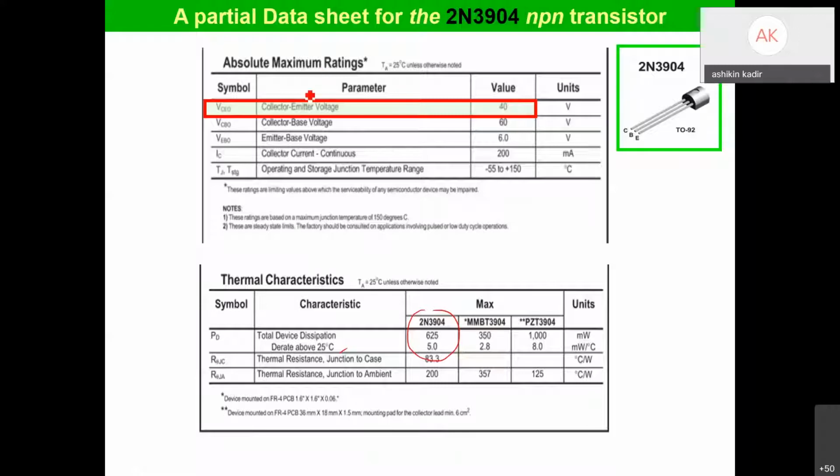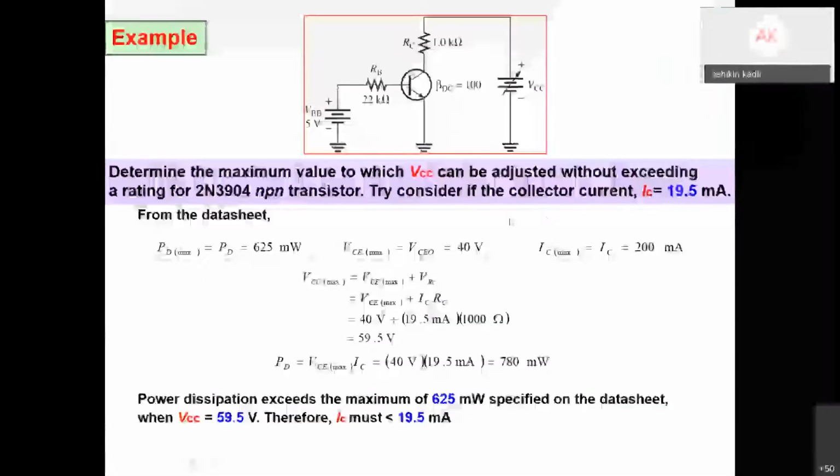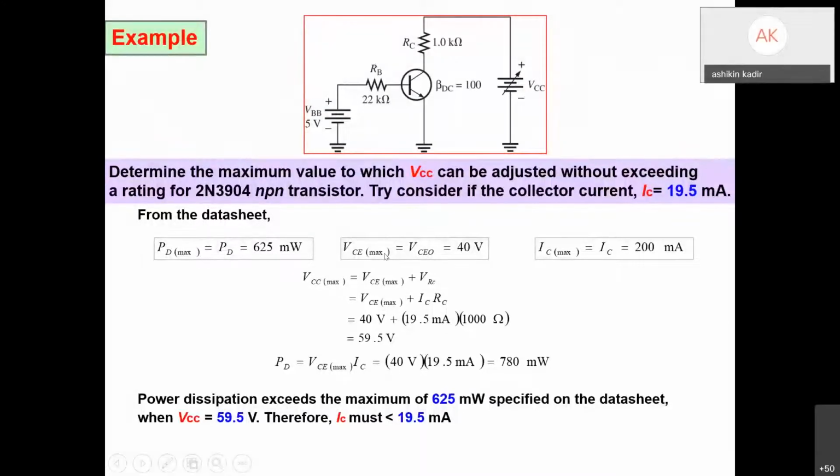This is the maximum rating, so the maximum VCEO must be 40 volts. So from the data sheet, you get the power of 265 milliwatt and the VCEO is 40 volts.